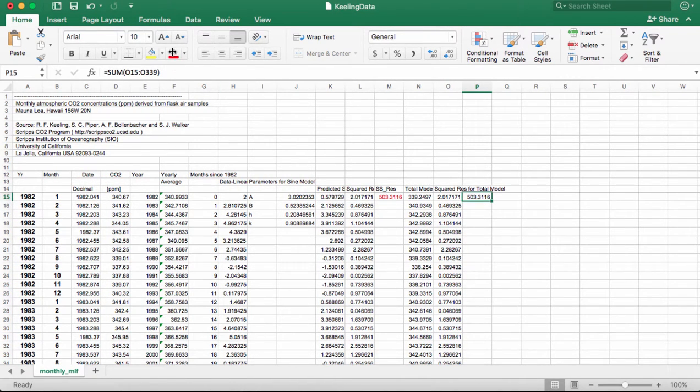And look what we get here. That's not going to be a surprise to many of you because you anticipated that we would get the same thing for the SS res here as we did with our other model. Or maybe this is a surprise, and if it is, you can think about why this shouldn't be a surprise, especially now that we've seen it, why it makes sense.